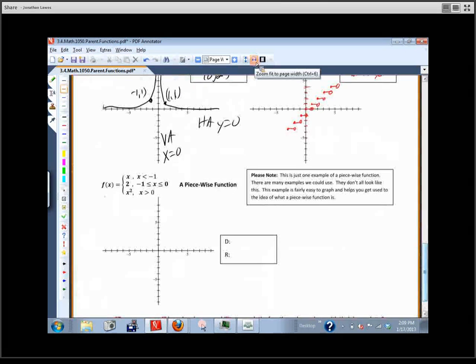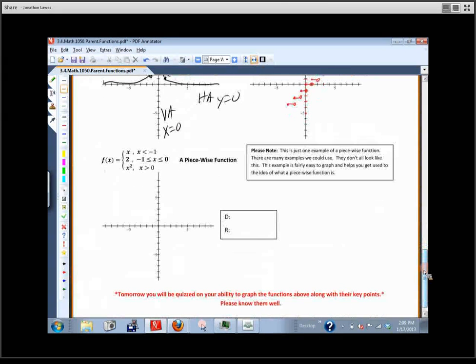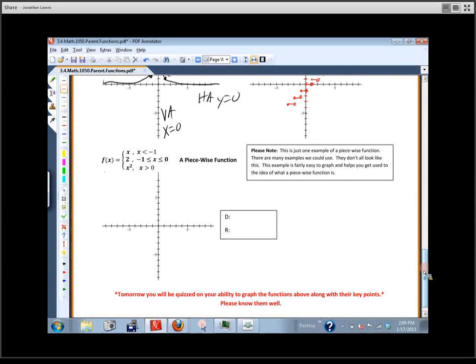Okay, any questions? Now let's talk about a piecewise function. Before we do, are there any questions on anything we've gone over so far? Are we going to go more in depth with each of these in future chapters?